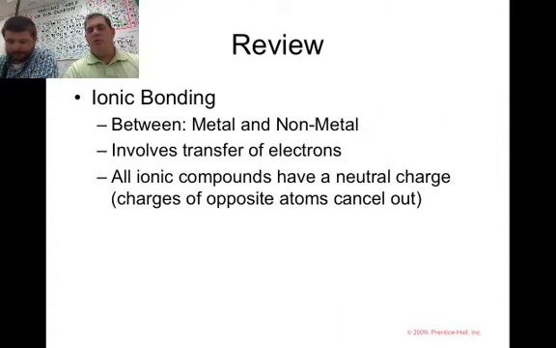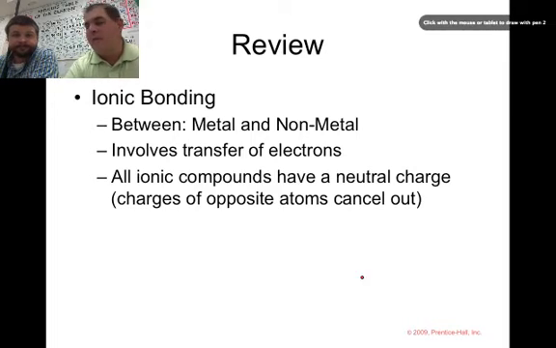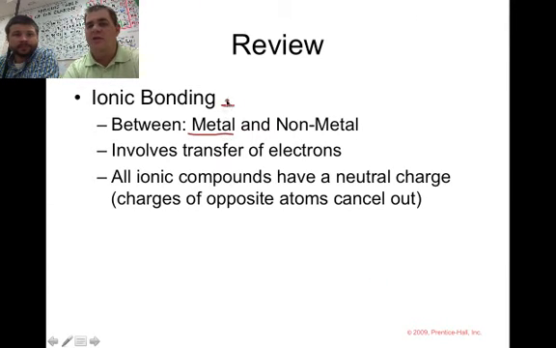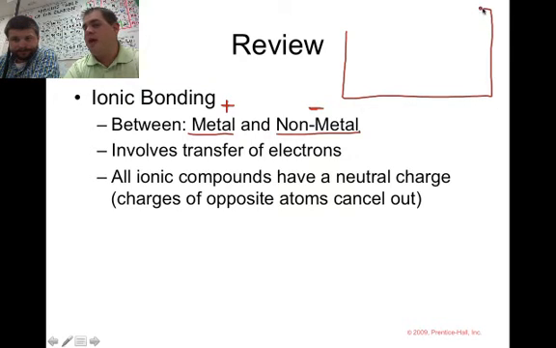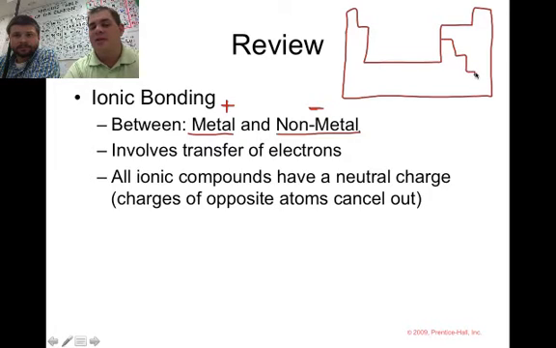Okay, so real quick, just to review ionic bonding. Remember, it was between a metal and a non-metal, so everything left on the periodic table with something to the right. It was a positive and negative charge. You created a neutral compound, and we were transferring electrons. We wrote those formulas where we balanced those charges and used that crisscross method.